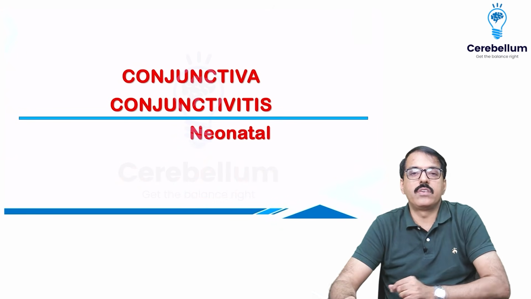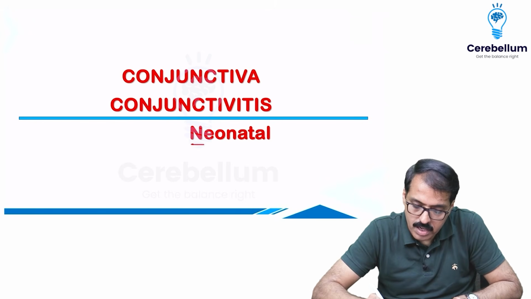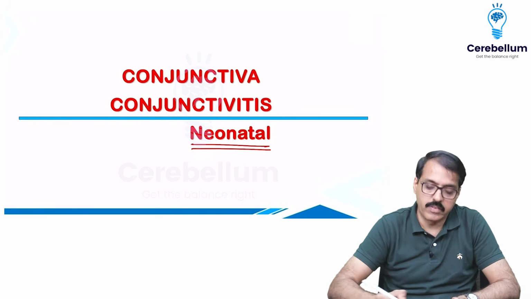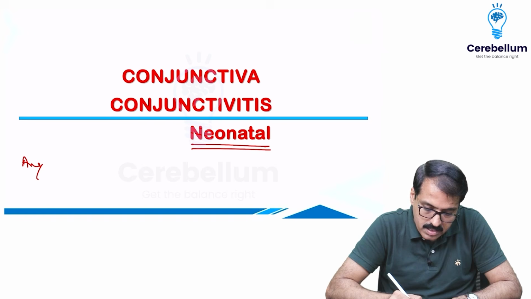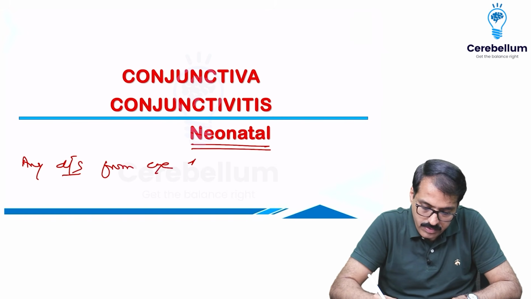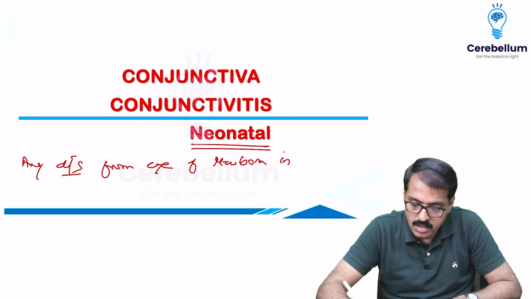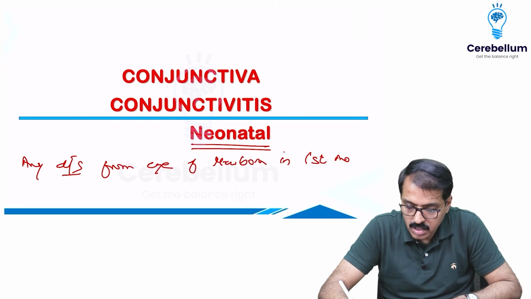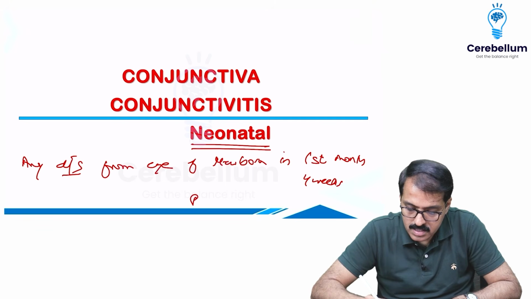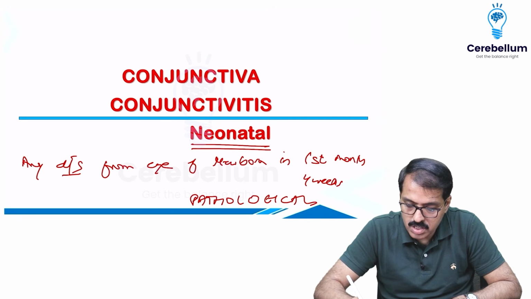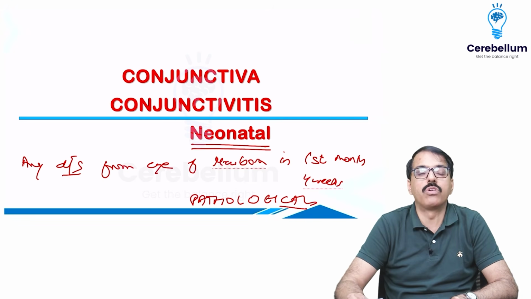Now, the next disease that we will talk about is ophthalmia neonatorum, or neonatal conjunctivitis. Any discharge from the eye of a newborn in the first month, that is the first 4 weeks, is pathological because tear production does not start before 4 weeks.